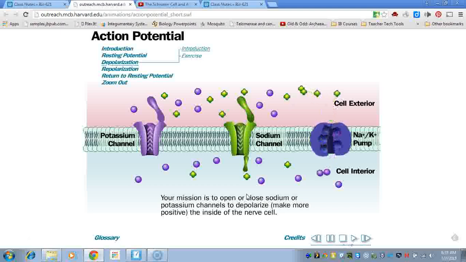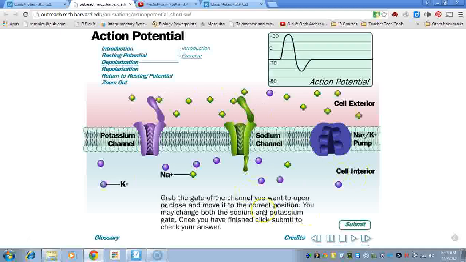Okay, lots of sodium on the outside and some potassium on the inside. So, in order for the action potential to happen, if you remember, the sodium channel is going to open.